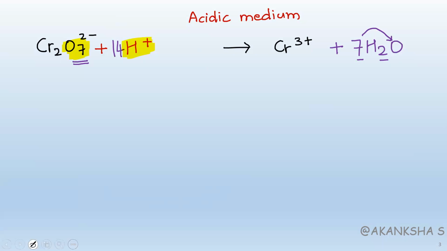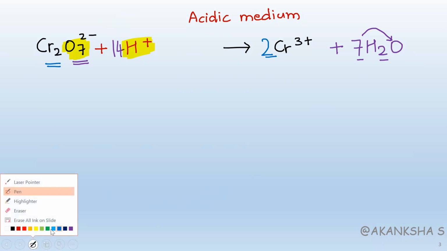But something's missing over here. The reaction is not yet balanced. So let's try to understand what can balance it out. If you notice, we have 2 chromiums over here, but only 1 over here. So we put the number 2. Still, there are some things that are missing. Those things are the invisible entities.